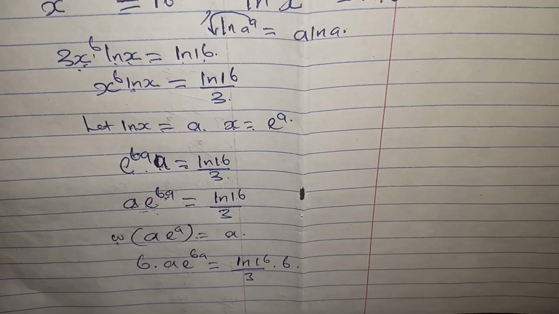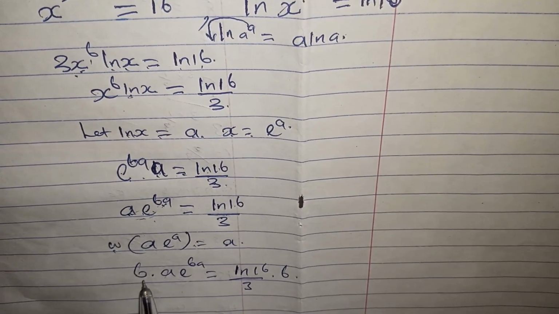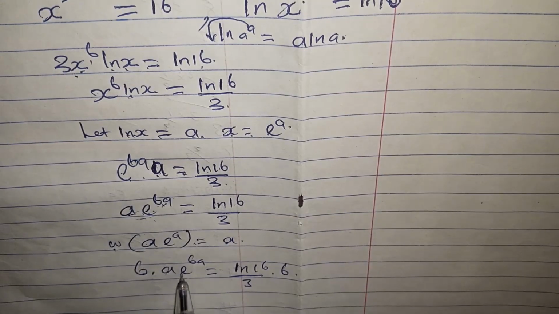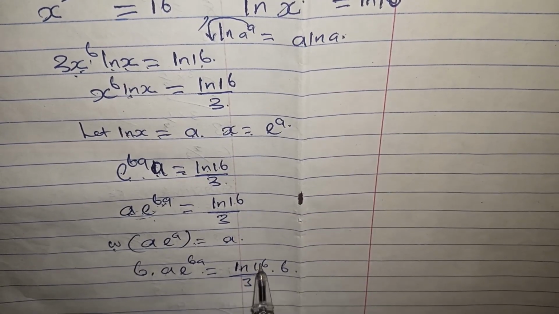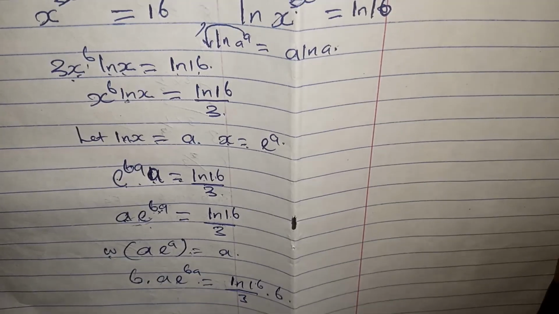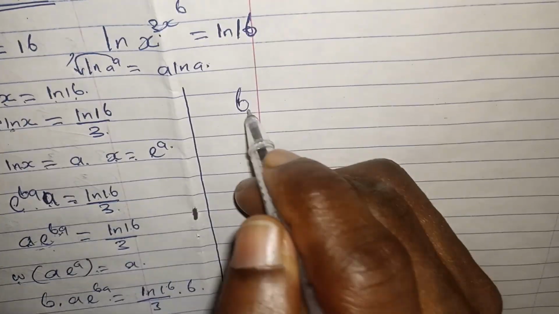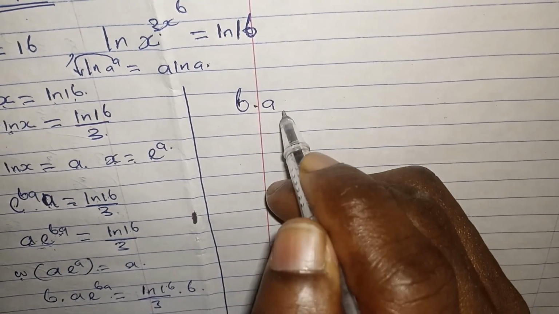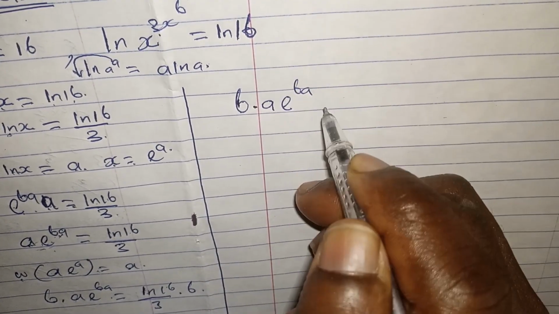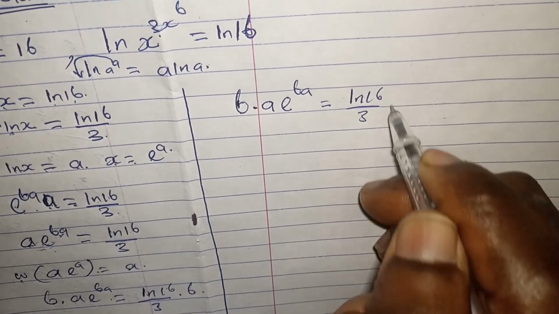So I'll multiply both sides of the equation by 6, and I'm now having 6a exponential 6a is equal to ln 16 divided by 3 times 6.